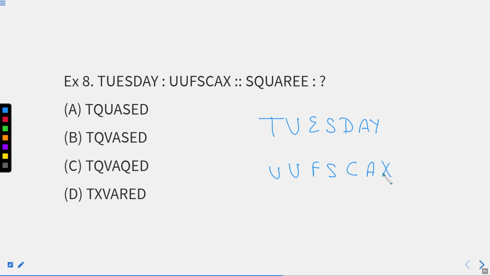I hope this part is clear. Now, what we need to figure out is how this thing can be converted, right? We will write it here itself. SQUAREE. Right? This is the letters or the word that we have to convert. And this is the relation. First, we need to figure out the relation between them.